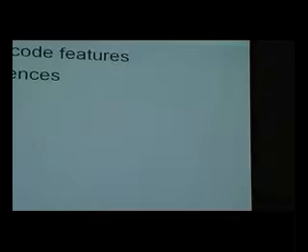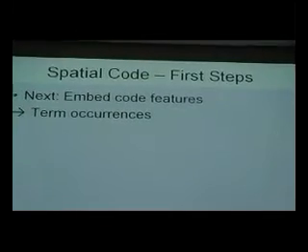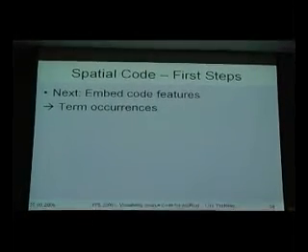So next thing to do is then embed code features into this fancy map, and the obvious thing to do is choose term occurrences.